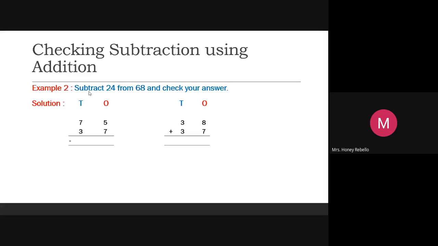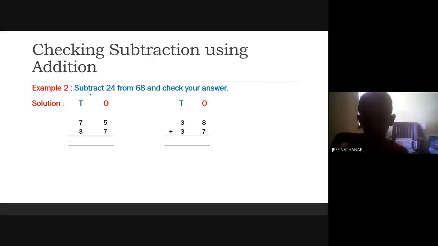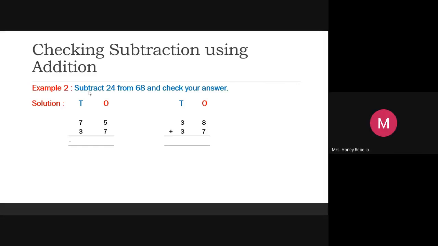Subtract 37 from 75. We will do it. Just remove that. You see the textbook sum. I'll remove it later.